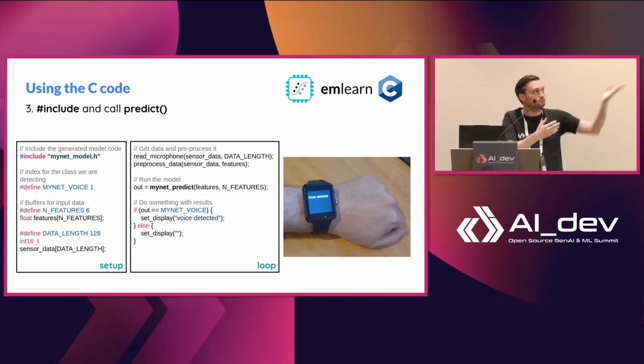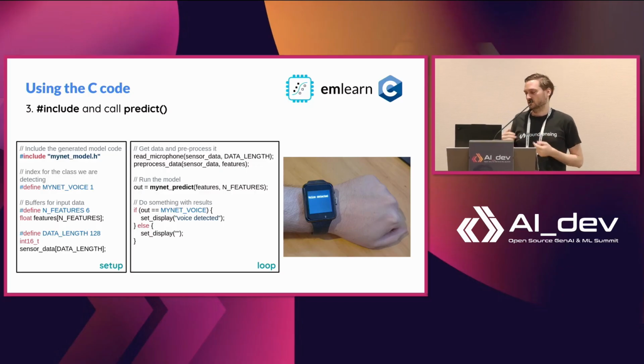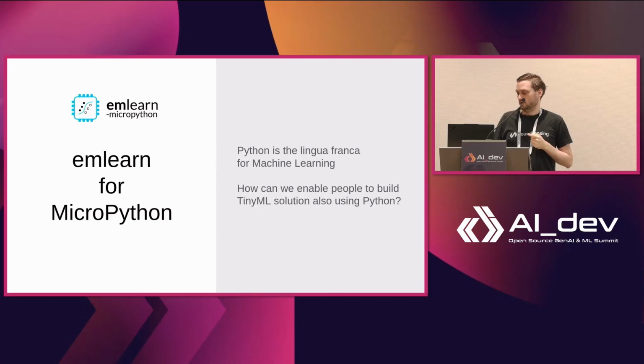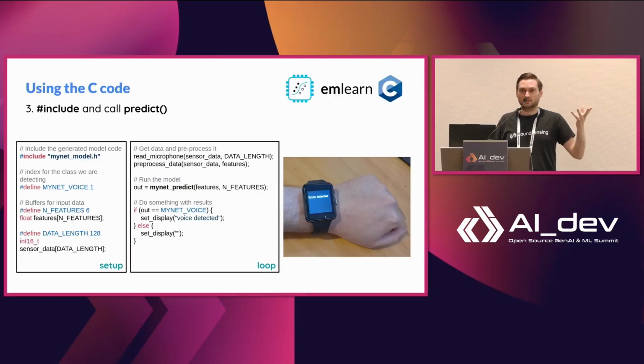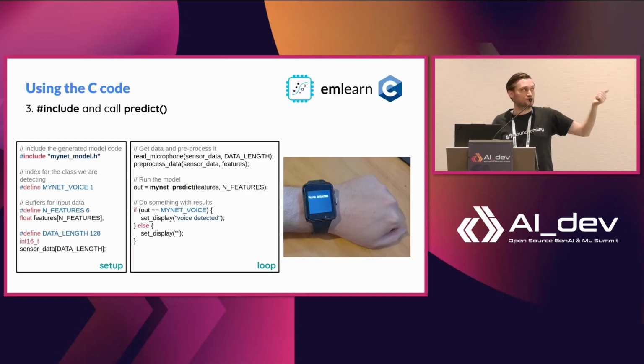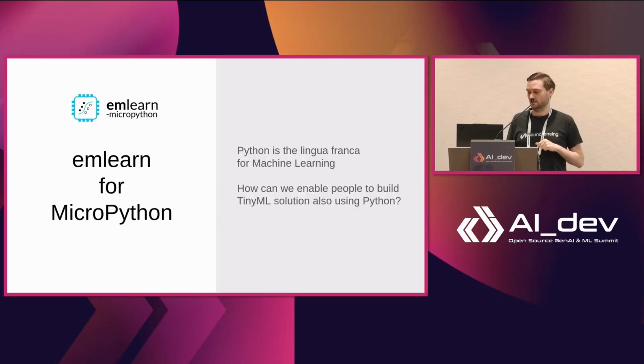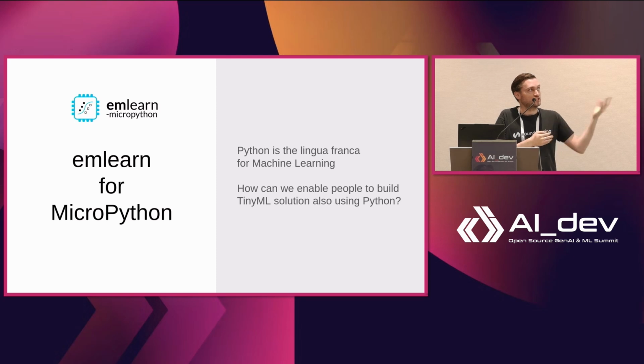And then you can do something with this data, also using your standard platform, if it's Arduino or Zephyr or others. So that's one example. This is the low level and the most power efficient, of course, and also space efficient. But if you're not used to embedded programming, I would suggest maybe starting with MicroPython.